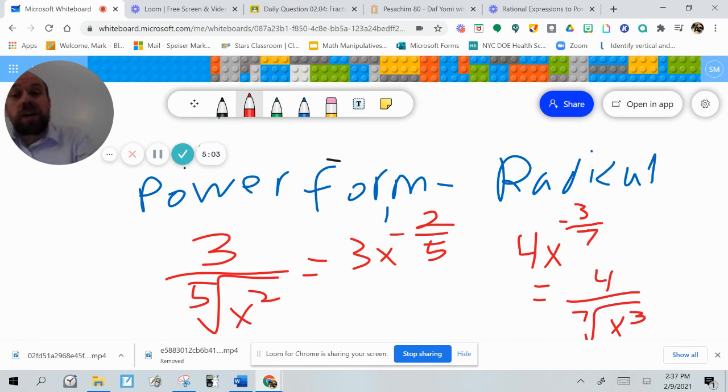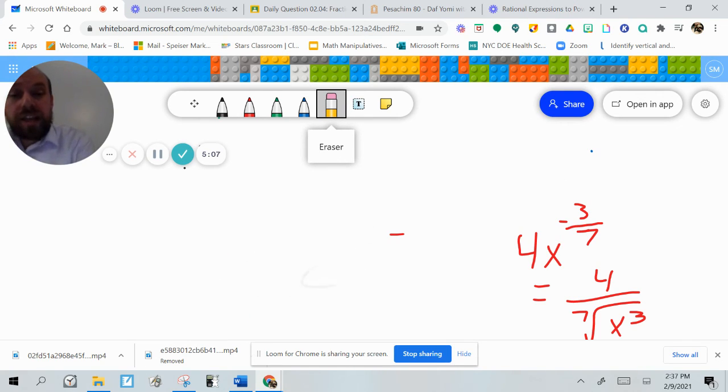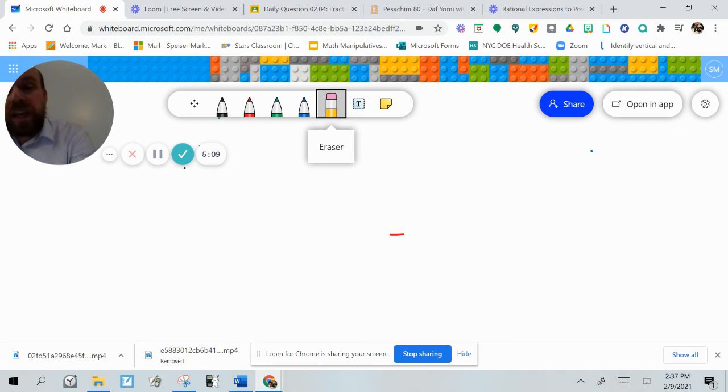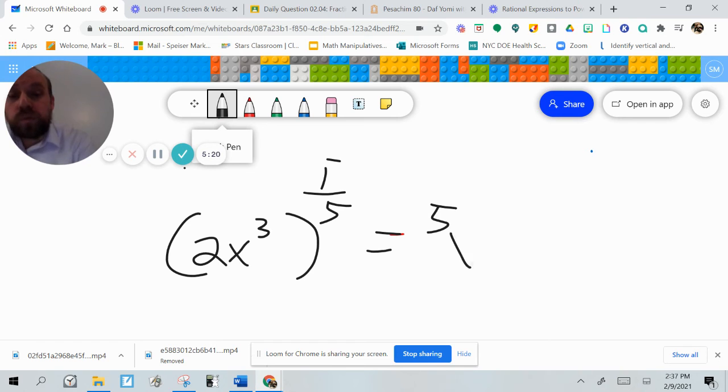Let's wrap up with a parentheses example and show how parentheses change things. So if we had parentheses in either example, let's say we had 2x to the third power raised to the 1/5, this would be the fifth root of 2x to the third.